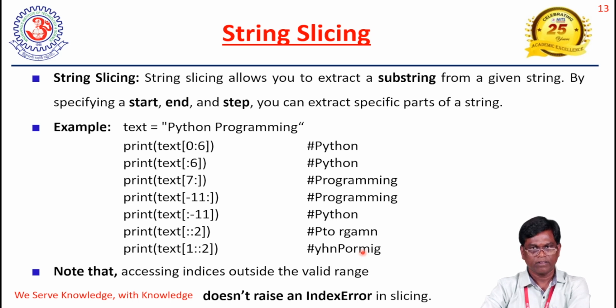In indexing, if you go with an index which is out of range, it will generate an error. But here, if you go with any invalid range in the specification of the starting and ending index, it will not generate any index error. So this is about the string slicing operation.